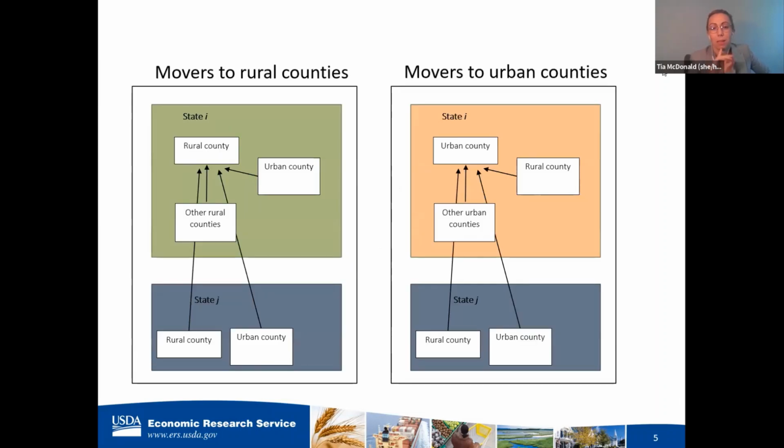Okay, so we basically do this by creating two data sets, in a sense. The first one is movers to rural counties.